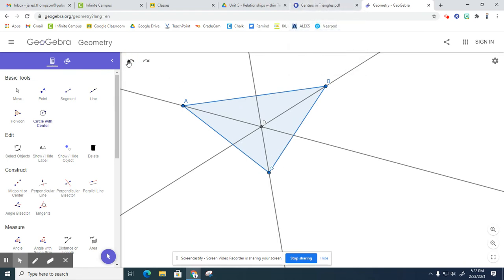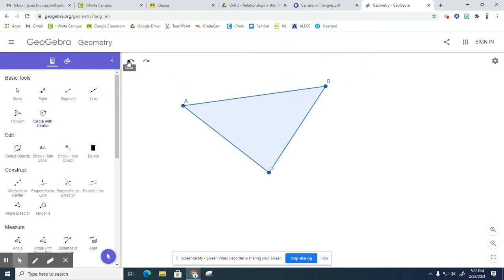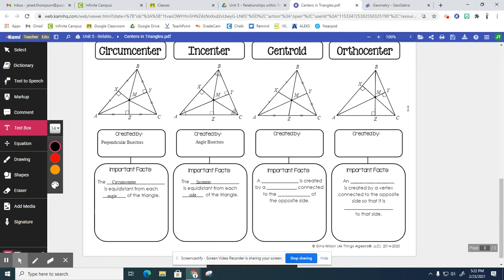All right, get rid of this. Back to our triangle. Whoa, sorry. Okay. Next one is a centroid. So this is created by medians. What's a median? I've never heard of that.